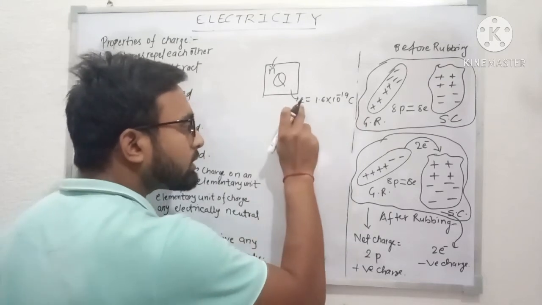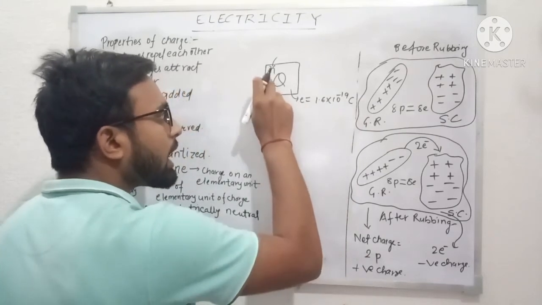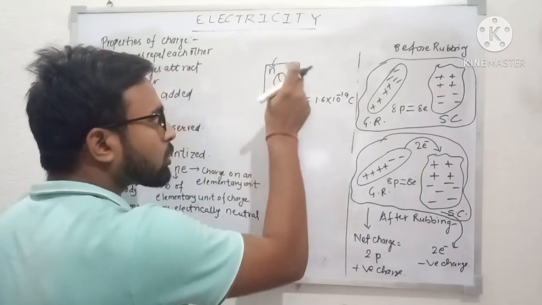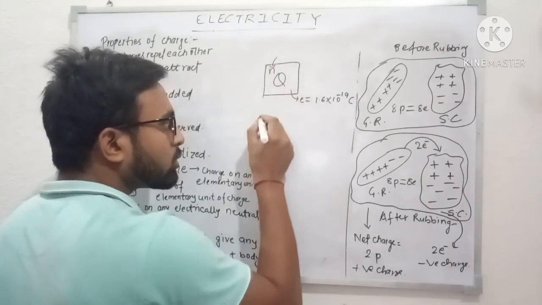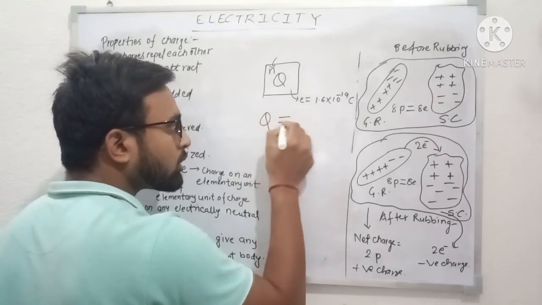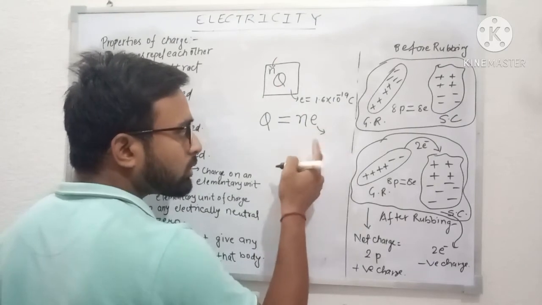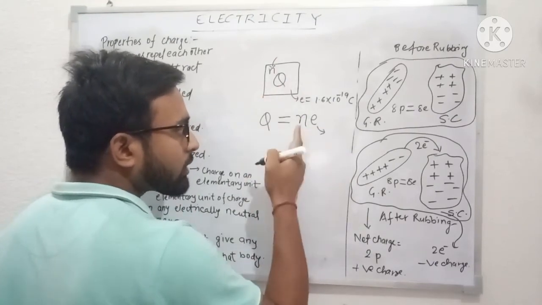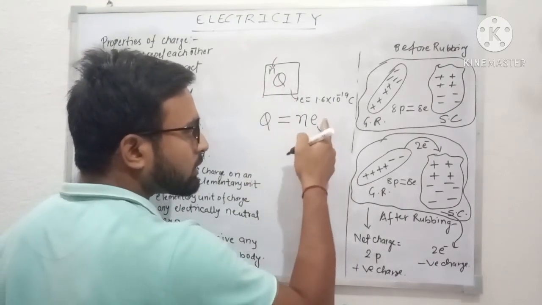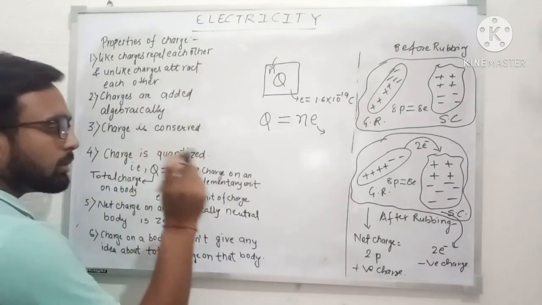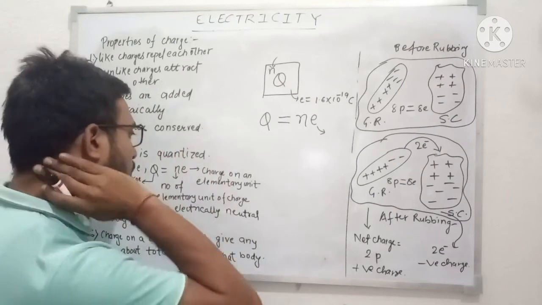There are n number of this type of charge on this body, which together form the total charge on the body. So the total charge Q is equal to n into e, where e is the smallest unit of charge and n is the number of this smallest unit of charge. So this is what charge is quantized means, or it is also called quantization of charge.